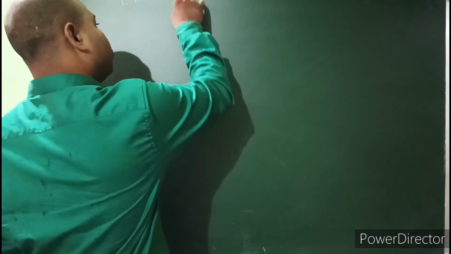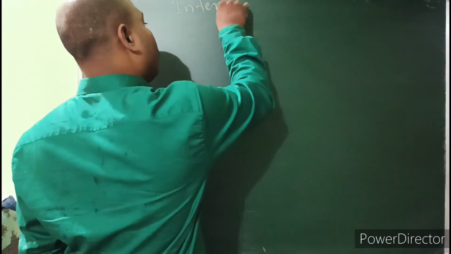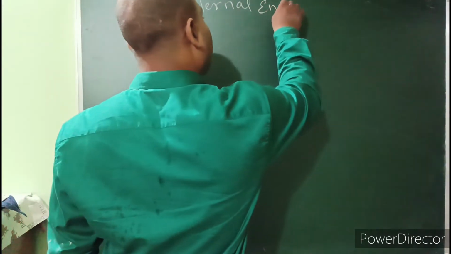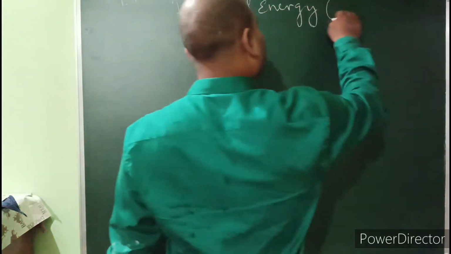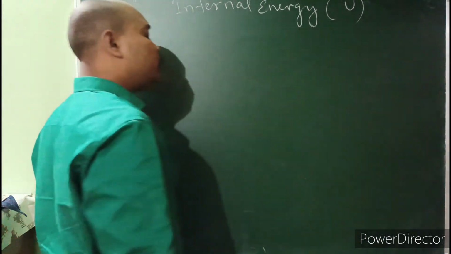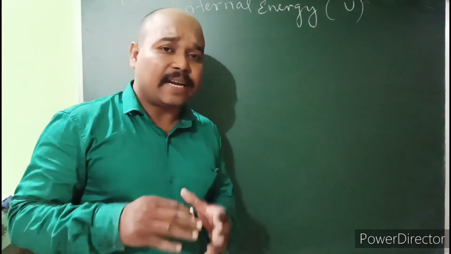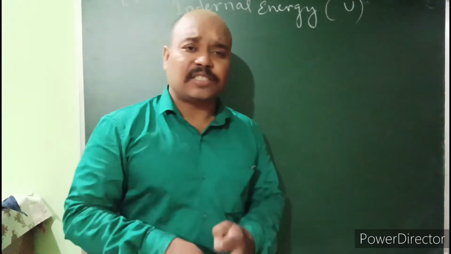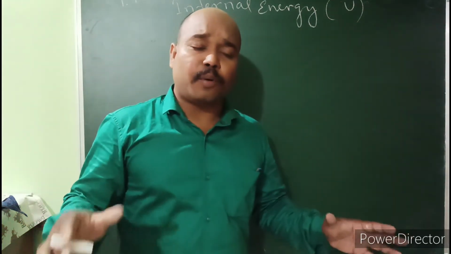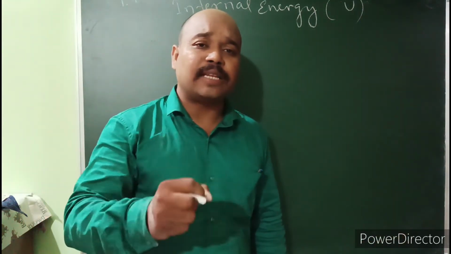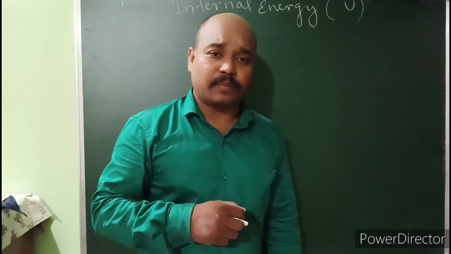Now we will discuss internal energy, that is considered as U. What is internal energy? It is the sum of all types of possible energies stored in a body or in a system.